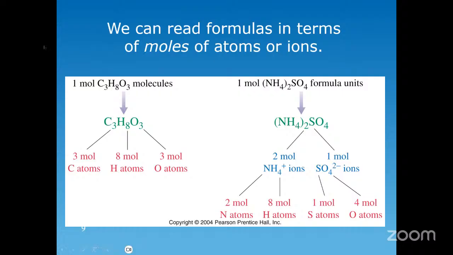If we're starting off with 1 mole of molecules of this compound, we can determine the number of moles of the different elements present. Because you have a subscript of 3 here, we can say that 1 mole of this compound contains 3 moles of carbon atoms. We can also say it contains 8 moles of hydrogen, and 3 moles of oxygen atoms.